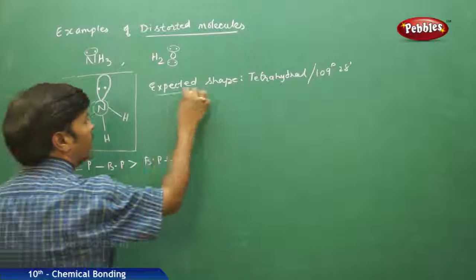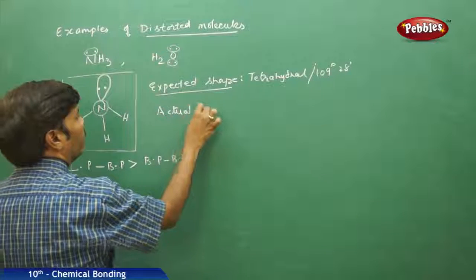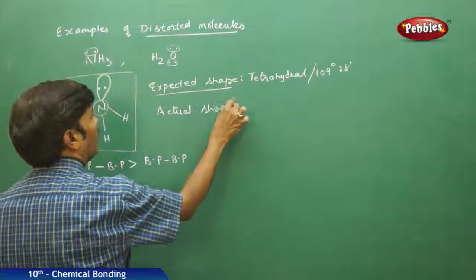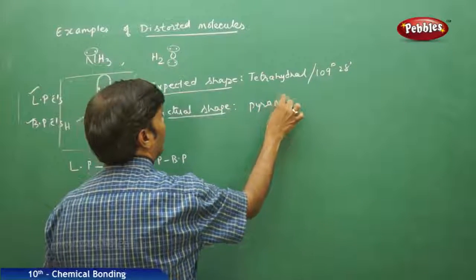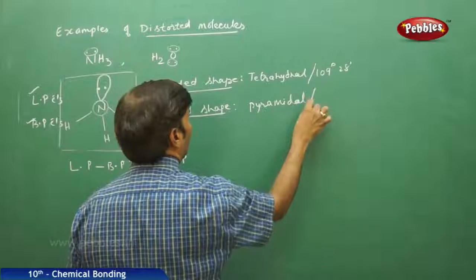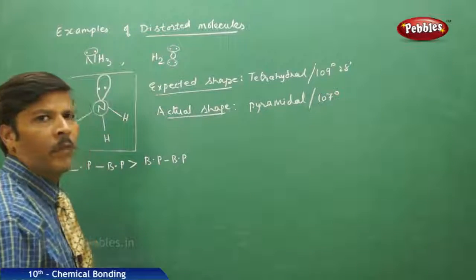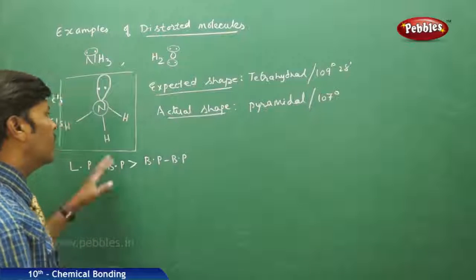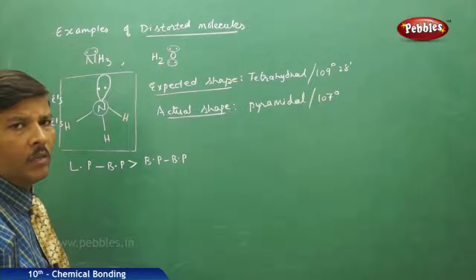That is why the expected shape becomes the actual shape of the ammonia molecule. Now it is pyramidal with a bond angle of 107 degrees if you consider VSEPR theory. This is one of the important aspects you have to keep in mind for the ammonia molecule.